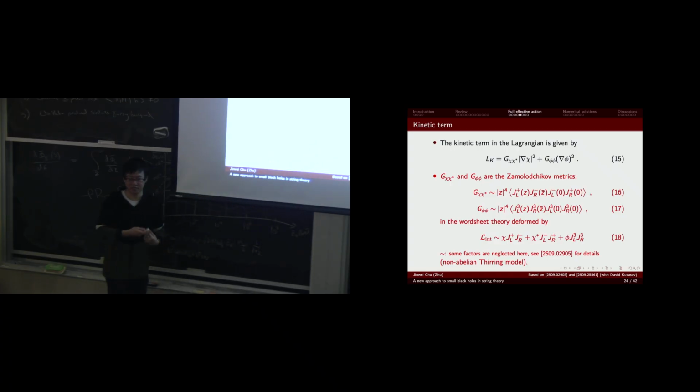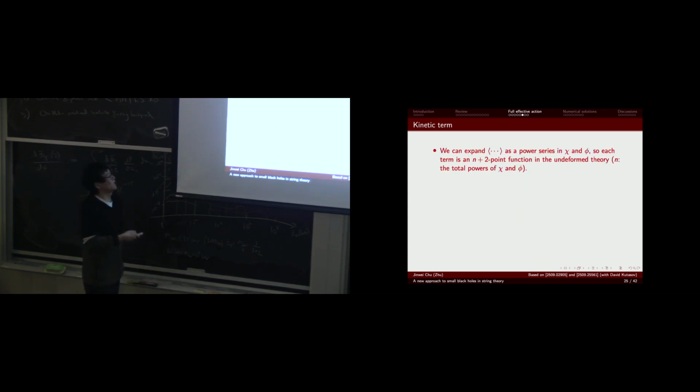So chi is basically a coupling on the worldsheet. By the way, here I've neglected some factors like minus sign or square root 2, and you can see our papers for details. Furthermore, for people who are familiar with this kind of model, let me mention that this is actually something called the non-abelian Thirring model, which is widely used in CFT.